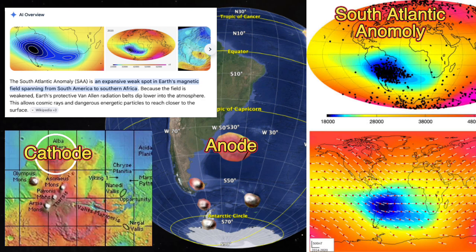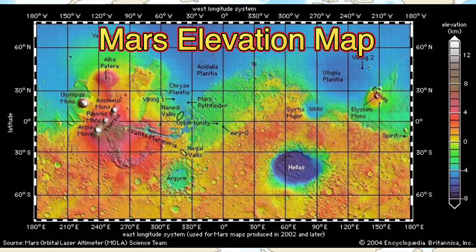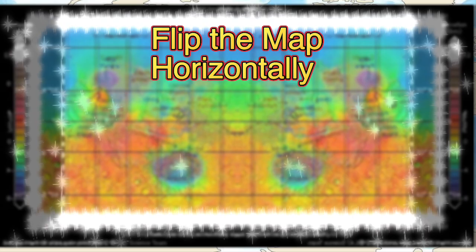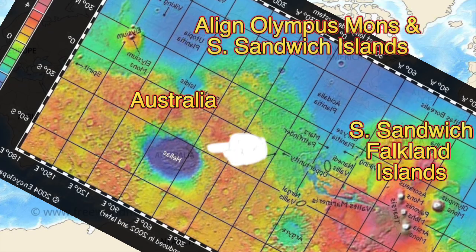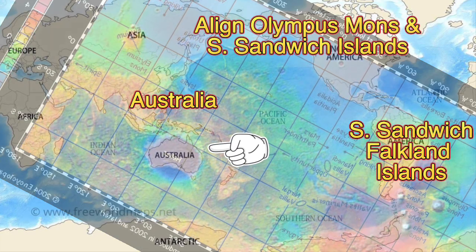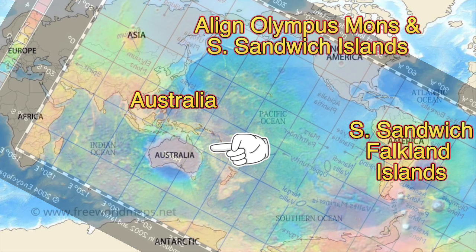Now, it gets even more incredible than that. If we take this example, where we have this alignment of Olympus Mons and the South Sandwich Islands on Earth and Mars, and we do a broad alignment utilizing that at scale to a map of the Earth, we also see that there's another surface anomaly on Mars that matches directly over Australia, meaning that Australia represented in that moment the ground versus Mars, which was having an anodic expression.